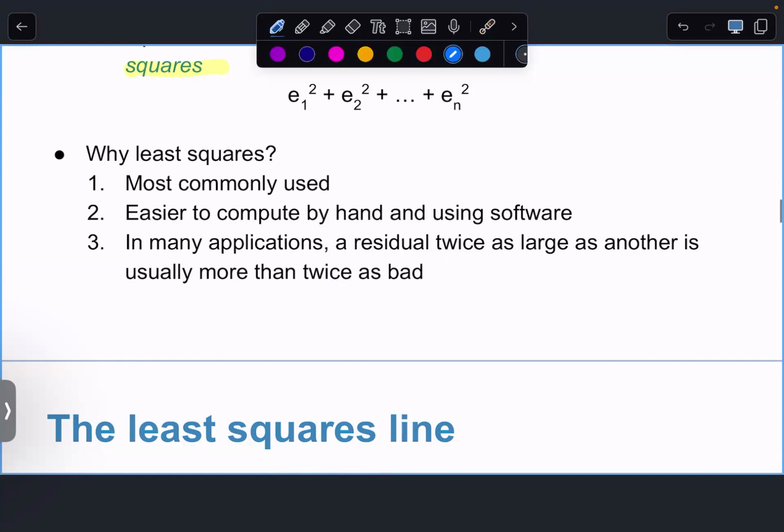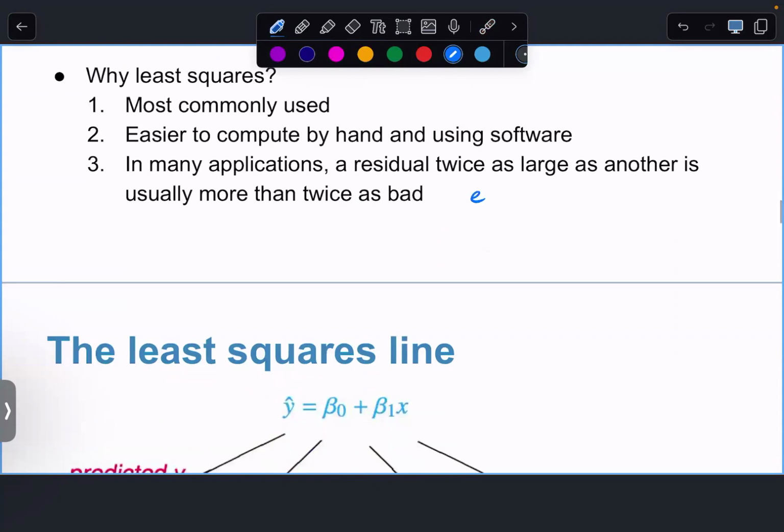Just to illustrate, if I have a residual of 1 versus a residual of 2, a residual of 2 is twice as large as a residual of 1. 1 squared is 1, but 2 squared is 4.